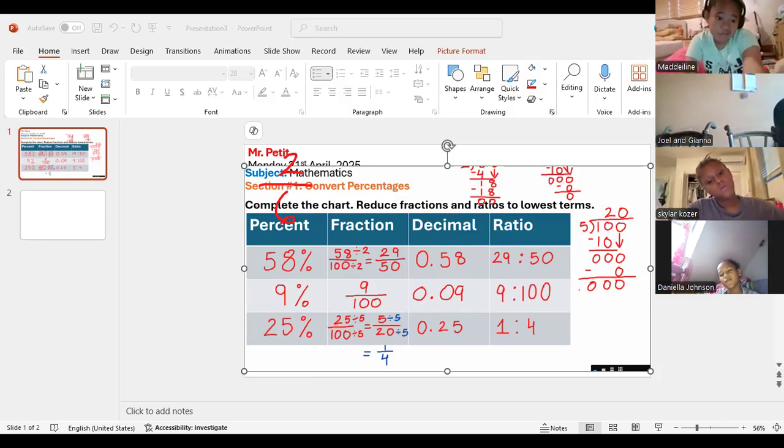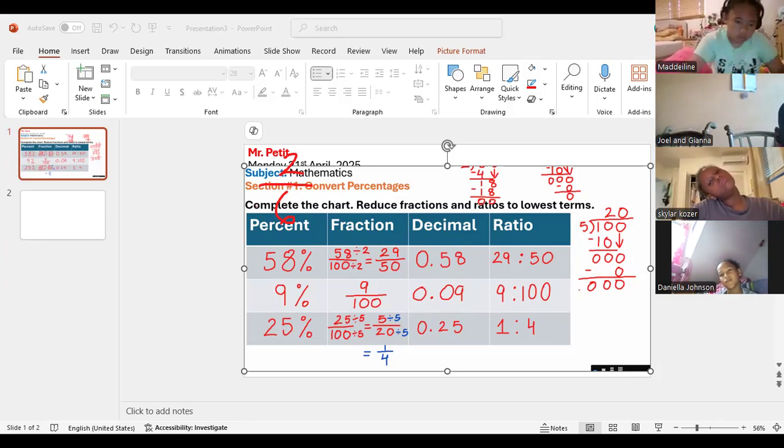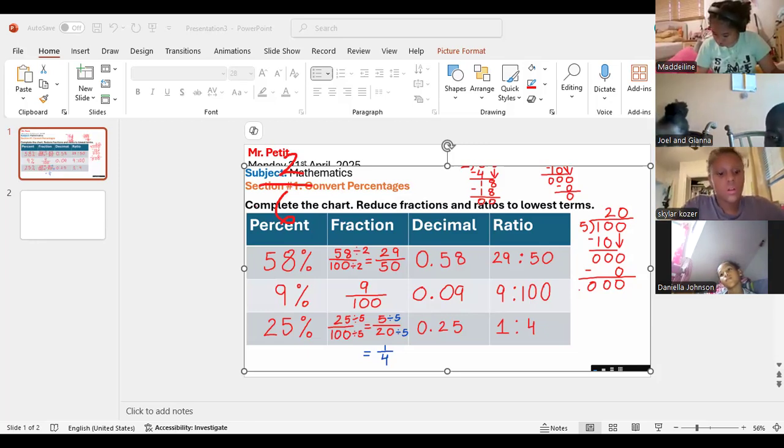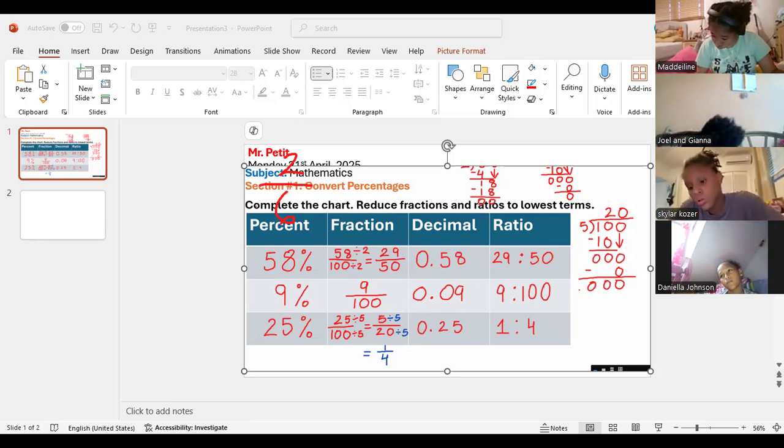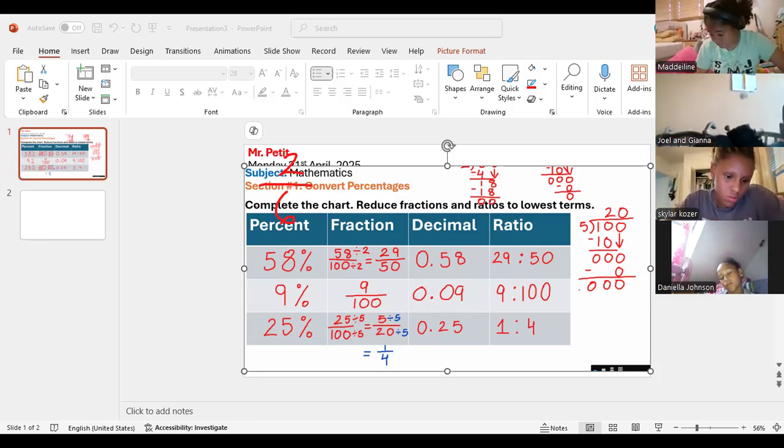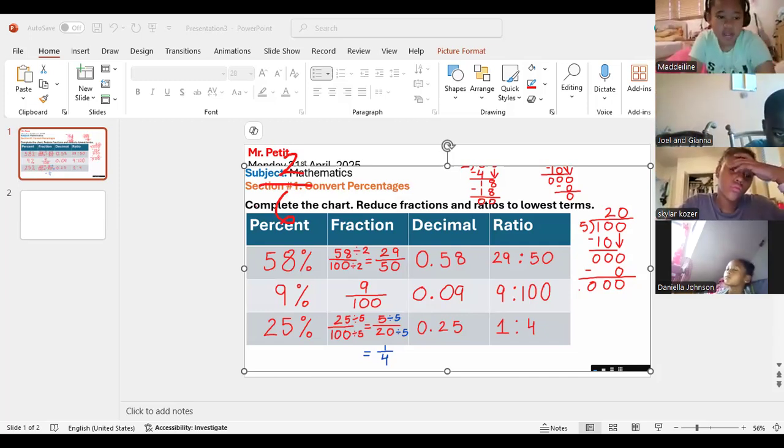5. No, it has to be able to go into 2 and 6. So what number could you divide 2 and 6 by and have no remainder? 10.